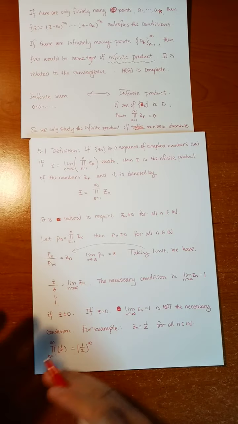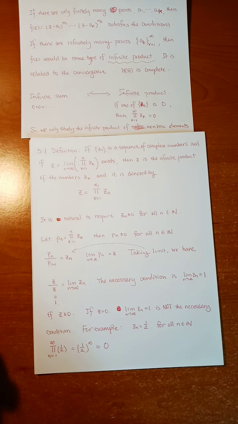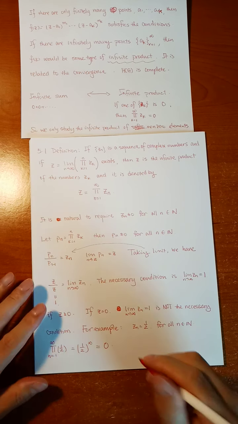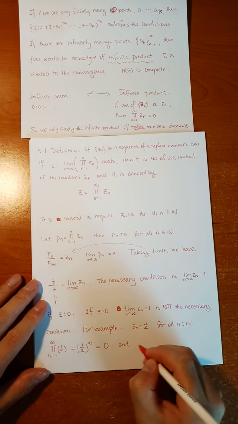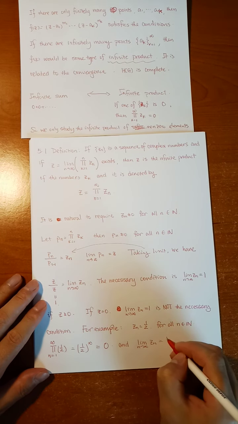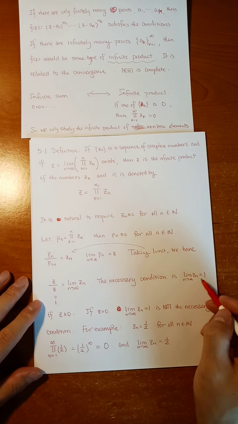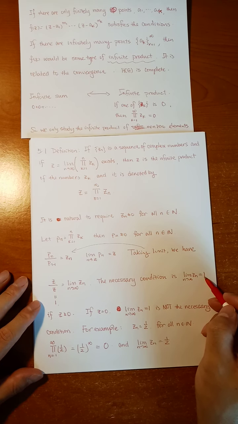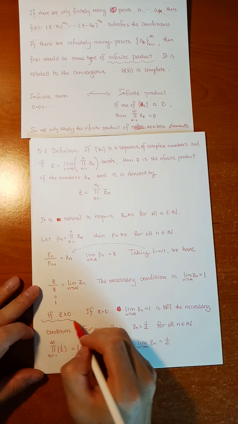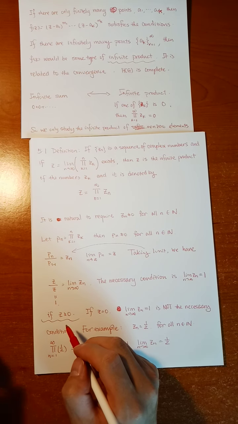You have 1/2 times 1/2 times 1/2 times 1/2. It becomes smaller and smaller, and eventually it is 0. And the limit of Zn is still 1/2. It's not equal to 1. So the limit of Zn is equal to 1 if the infinite product is not equal to 0.